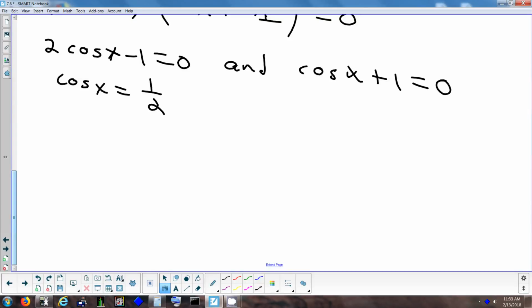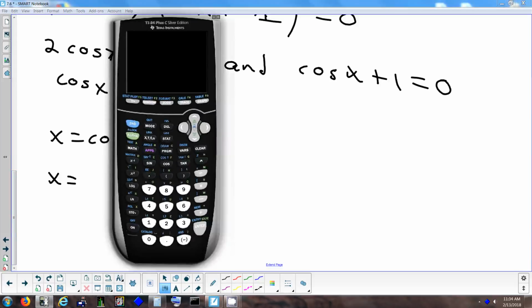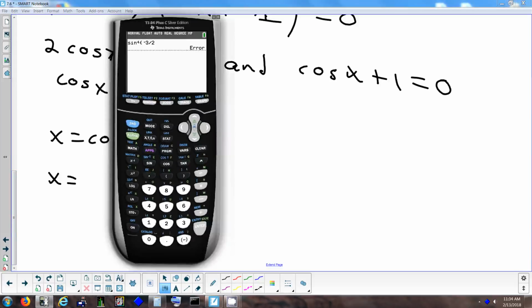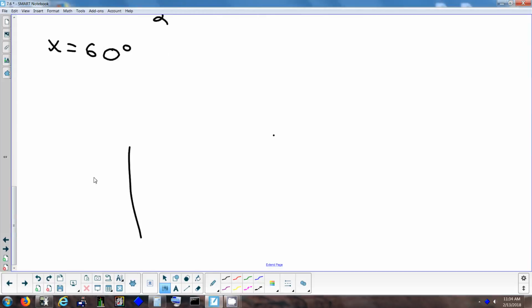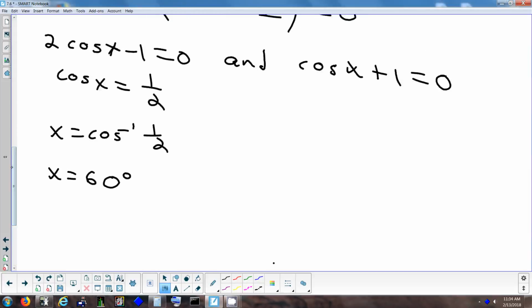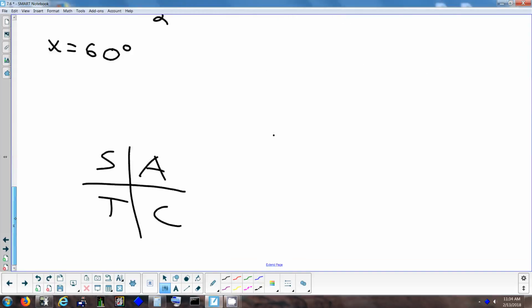All right, so now what do I do on each side? Do the inverse cosine. Inverse cosine of a half, I get a nice answer, 60 degrees. Now, I reminded you, we're going to think of that chart. Cosine is positive in 2 spots.